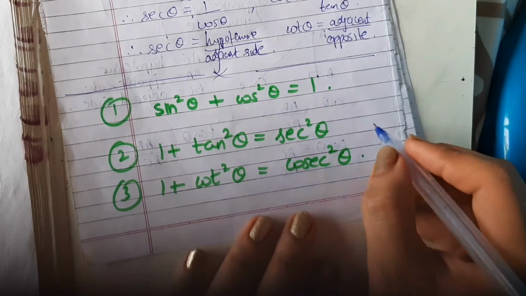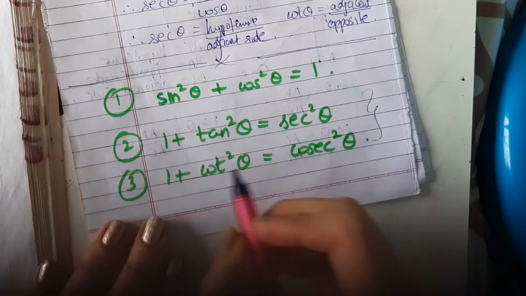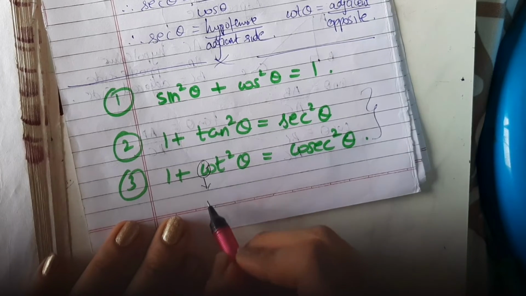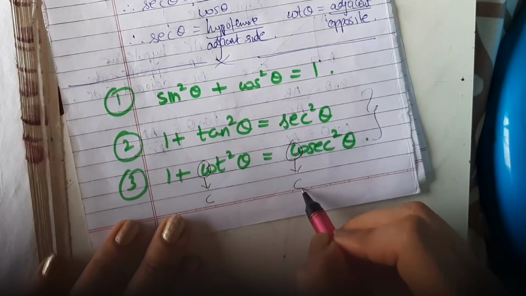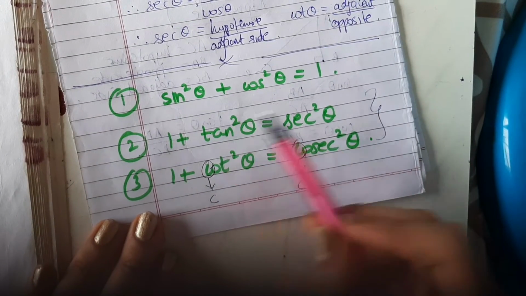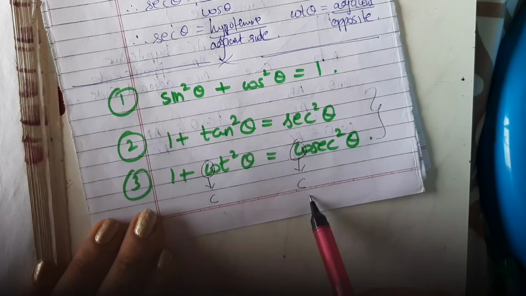The student gets confused in these two. Why? Now one trick to remember this: cot starts with C, cosec starts with C. So these two will come in one identity, okay? And the rest two will go in another. So 1 plus cot square theta is equal to cosec square theta.